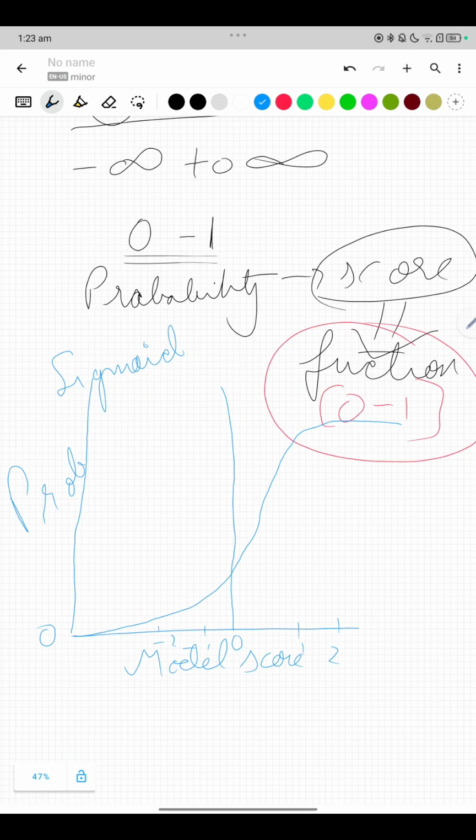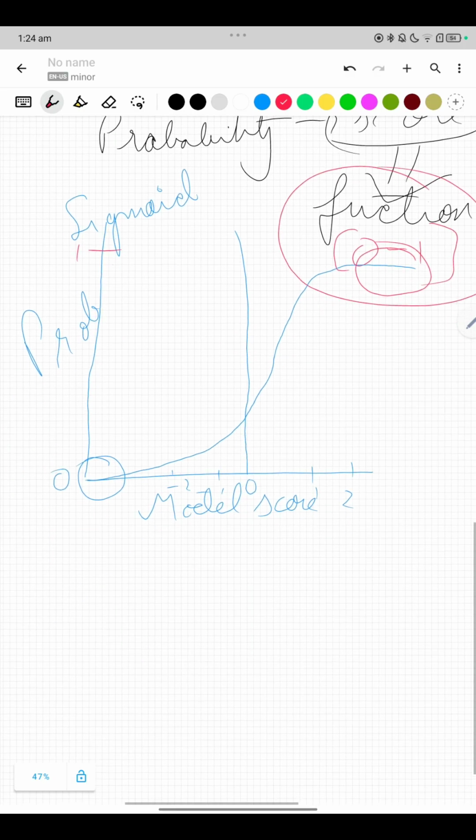So this is the representation of a sigmoid function. Now, a very negative score would mean that the probability is close to 0, right? And a very positive score on the right hand side would mean that the probability is close to 1, because the probability is drawn between 0 and 1, right? And what would the middle part mean? It would mean a sense of uncertainty, right?